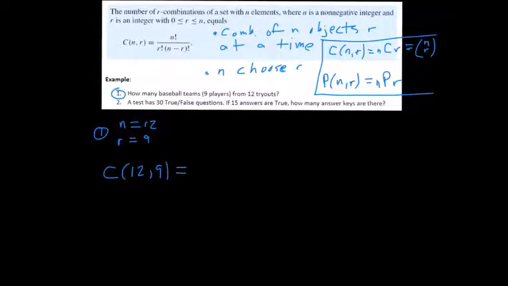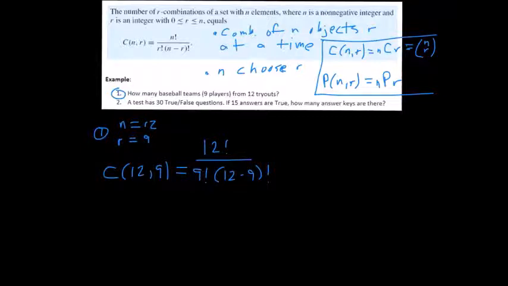So this is equal to, according to this formula up here, 12 factorial divided by 9 factorial times 12 minus 9 factorial. Now, we can play that same little game we had a second ago, where we do the cancellations.